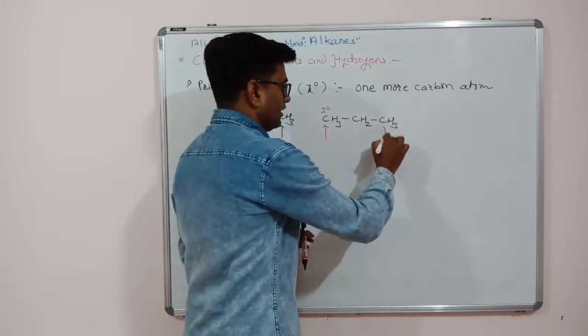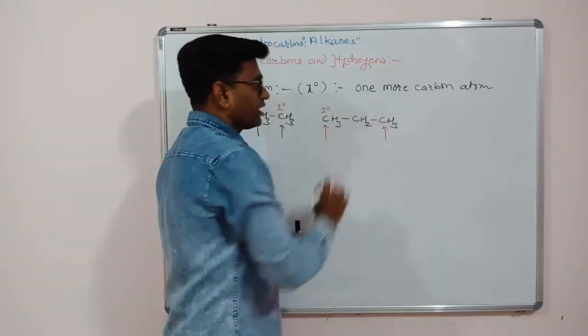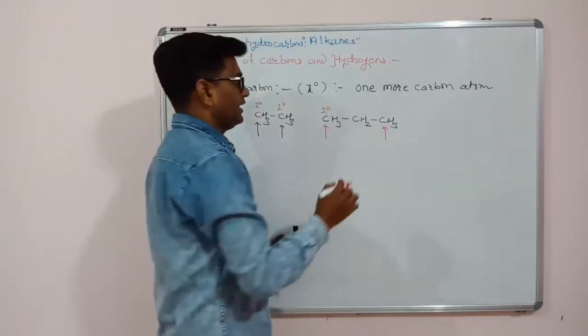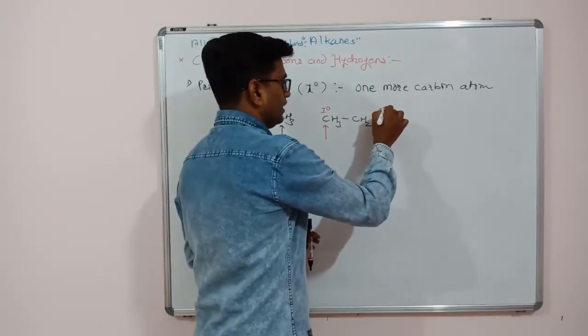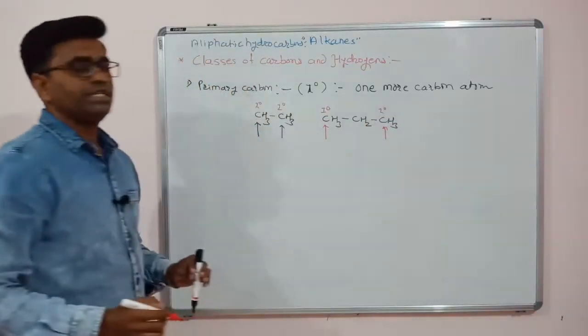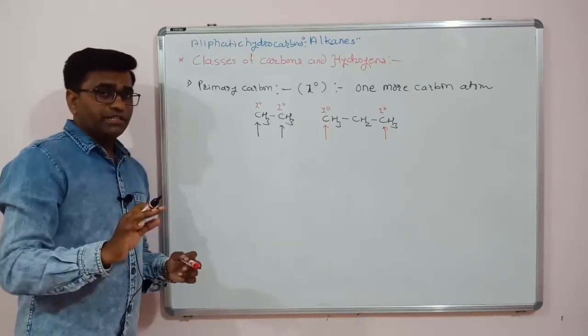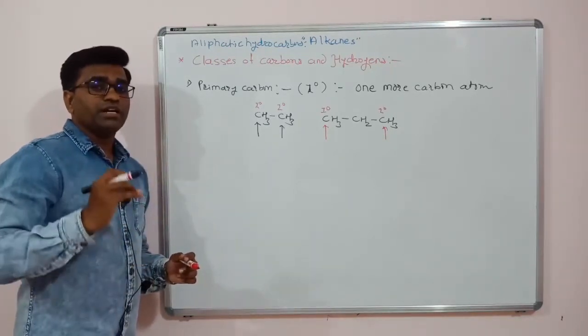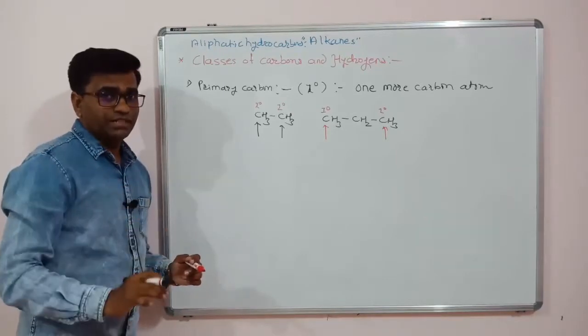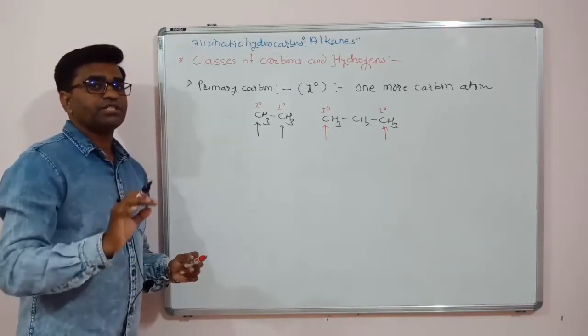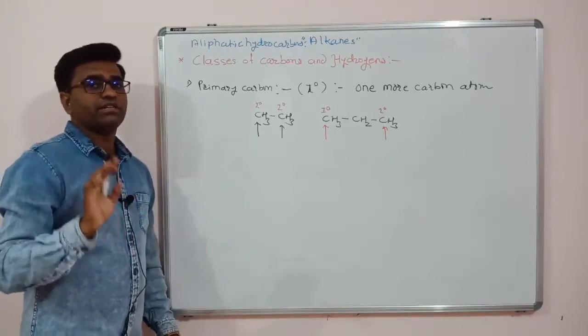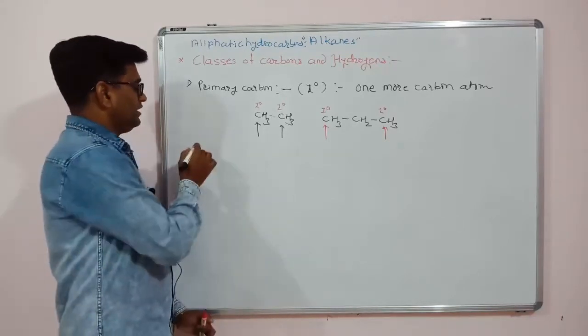This methyl is also attached to only one more carbon atom, so this carbon is also called a primary carbon. So in this way, a carbon atom which is attached to one more carbon atom is called a primary carbon. Now we'll see secondary carbons.